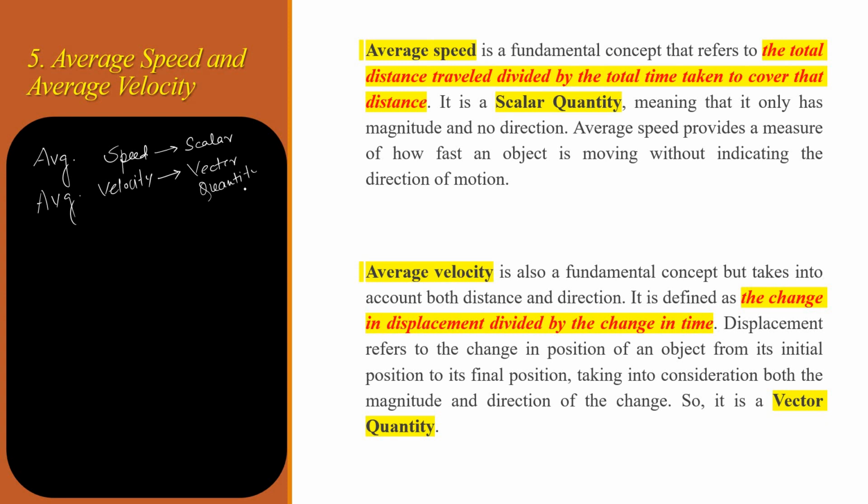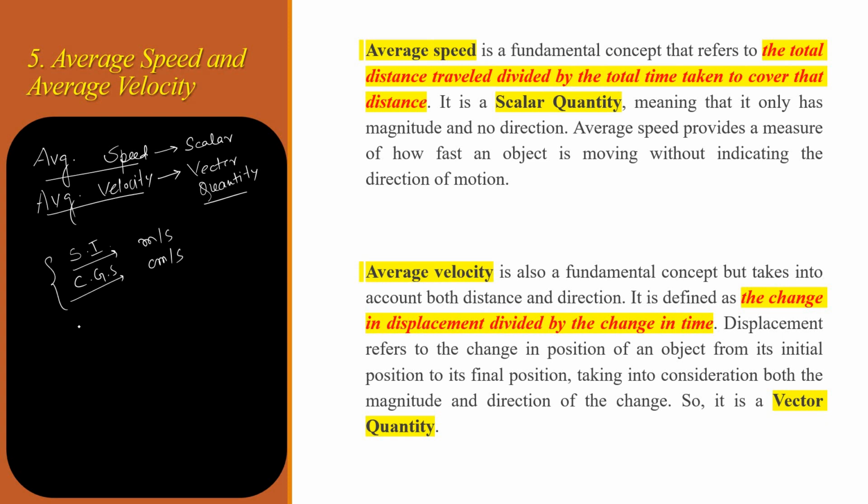This is the main difference between average speed and average velocity, but their units are the same. The SI unit is meter per second and the CGS unit is centimeter per second.